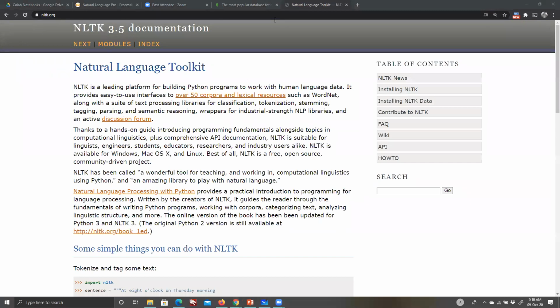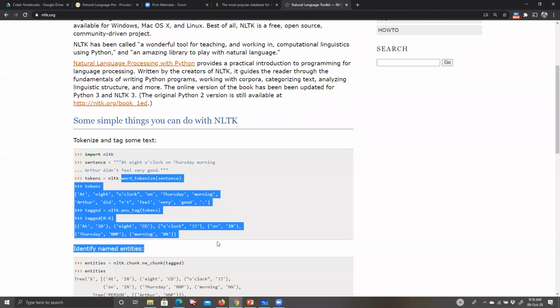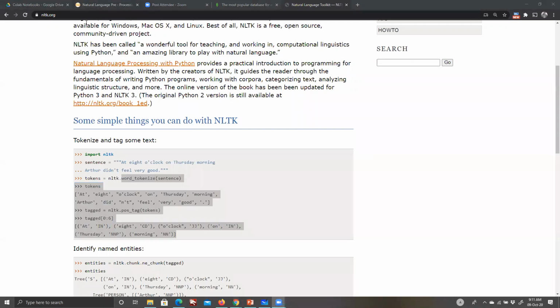If you want to do it on your own system, you will have to install NLTK. It has a host of different tools that we will be using again and again. So I expect you to download NLTK, install it with your Anaconda, or use it like me on Google Colab itself.